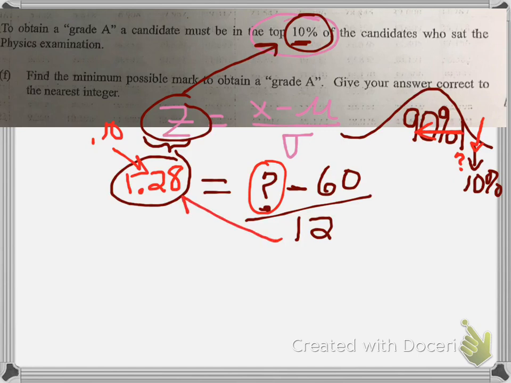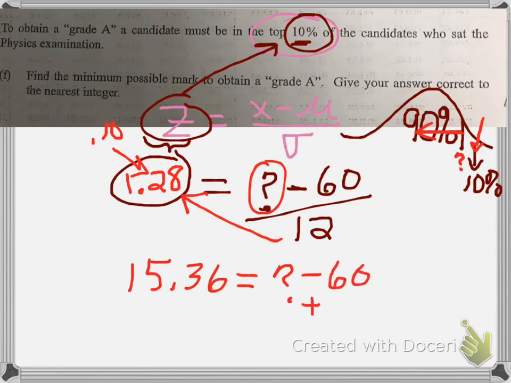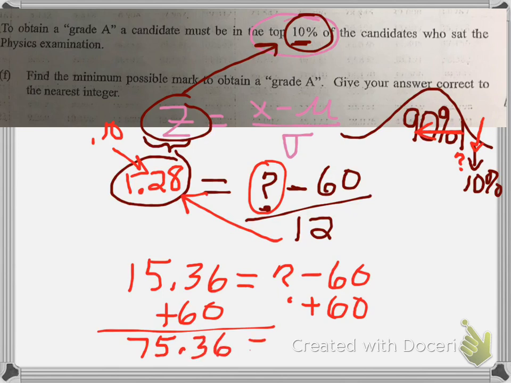So we're going to cross multiply here to get 15.36. We're going to solve for the question mark. That gives us 75.36. So that's the mystery score that they're referring to.